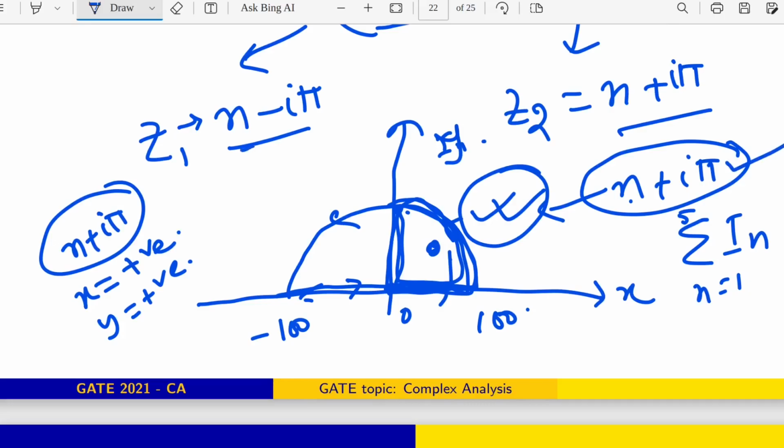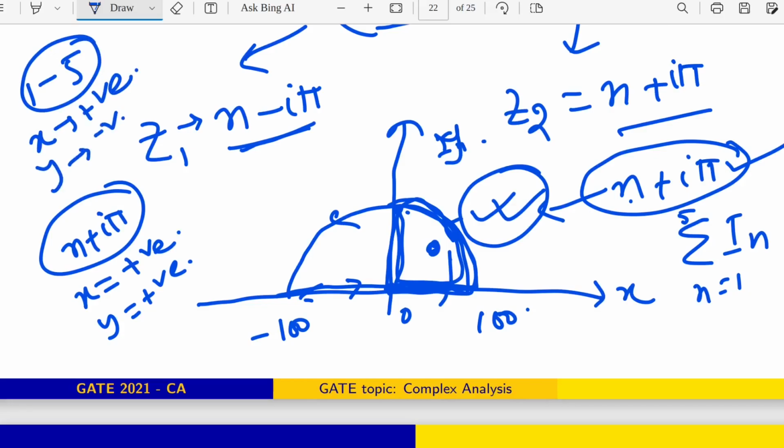Now coming to n minus i pi, and n is 1 to 5. So x is positive in that case, but y is negative here, because if I write n minus i pi, y is minus pi, which is minus 3.14159. That means in which quadrant will it be?